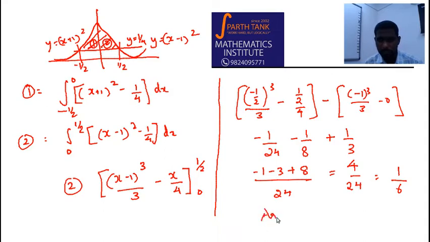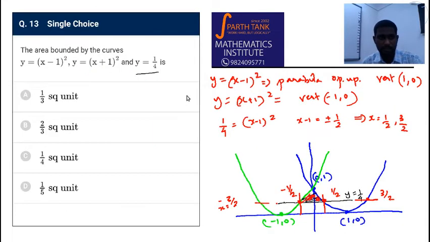Therefore the total area is 2 times the area of 2, which is 2 times 1 by 6, or 1 upon 3. Please check that this integral will also evaluate to 1 upon 6. So the answer is 1 upon 3 square units, option A.